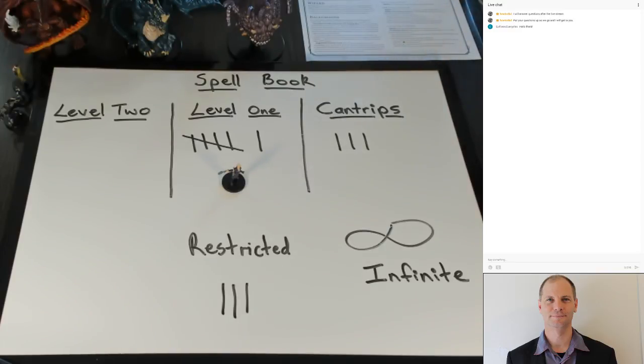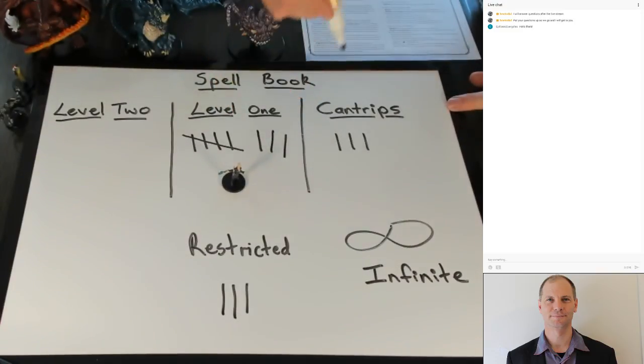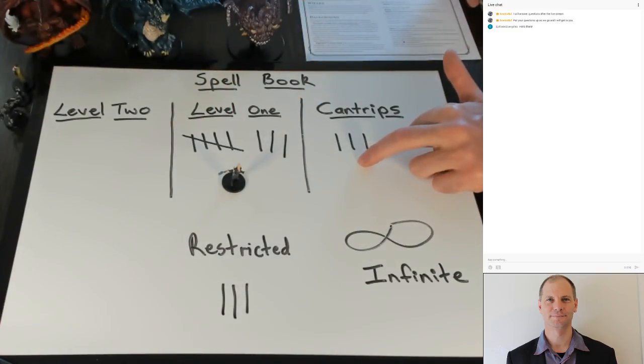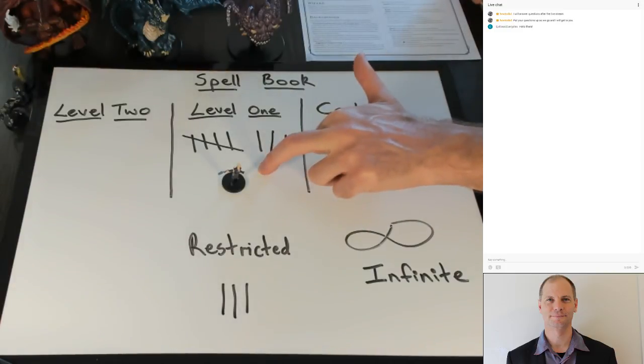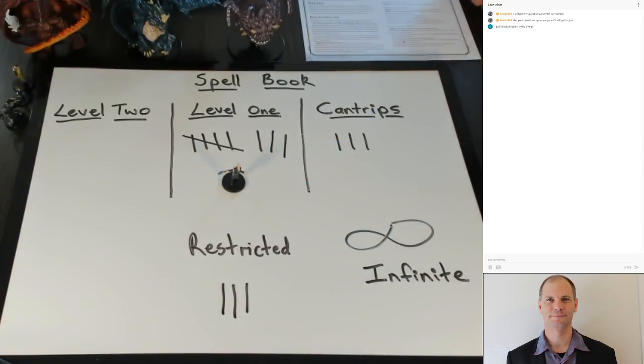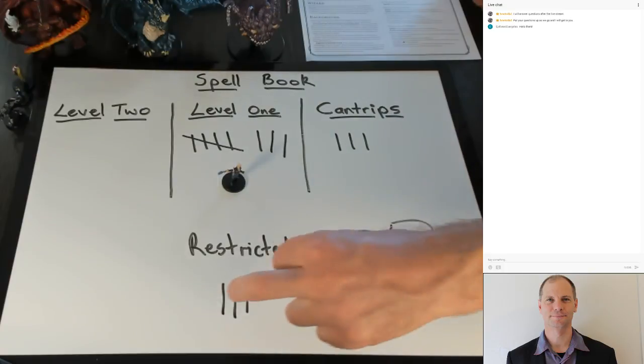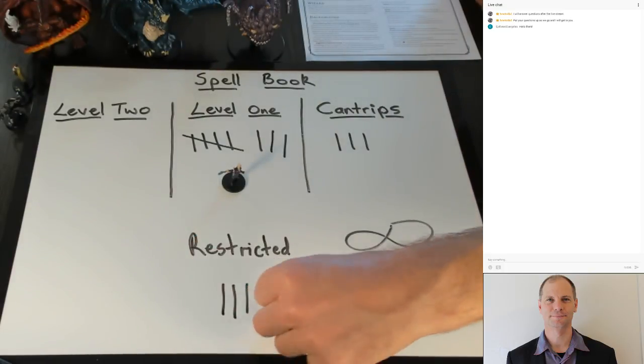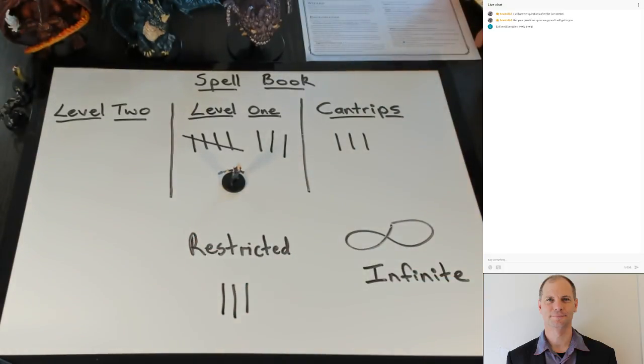You have put effort into them. So you're level 2, 3 cantrips, and you now know 8 level 1 spells. And you can cast 3 level 1 spells, and that's it for the day. There are some provisos to this, but we'll get there.